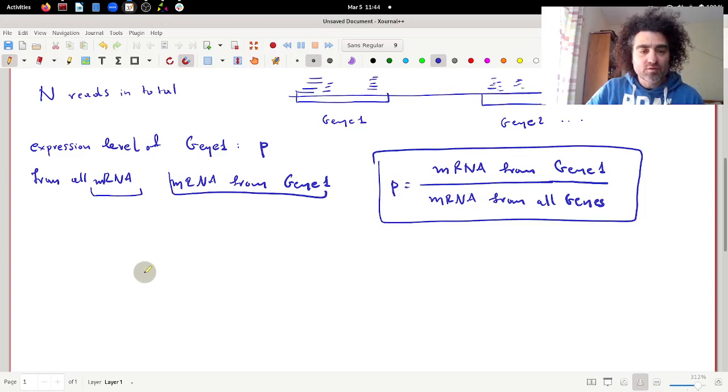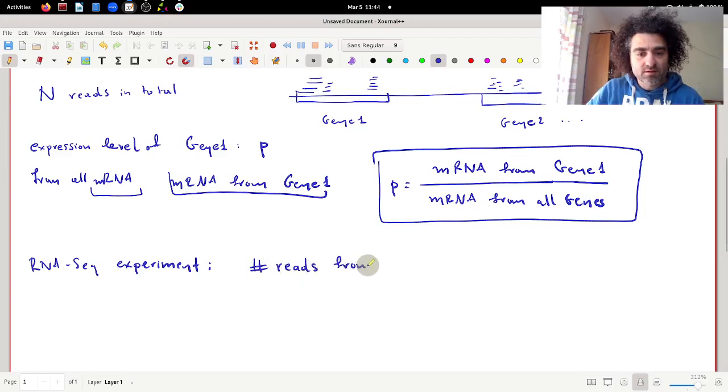Now, if we do an RNA-seq experiment, what we actually do, as I have shown here, is some number of reads from gene 1 and some number of reads from all genes.